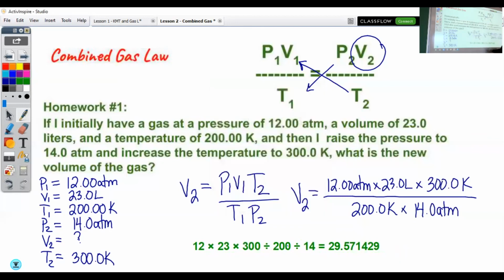So I wind up with an answer in this case of a volume, in fact, of, I have 3 significant figures based on the 23 liters, so 29.6 liters.